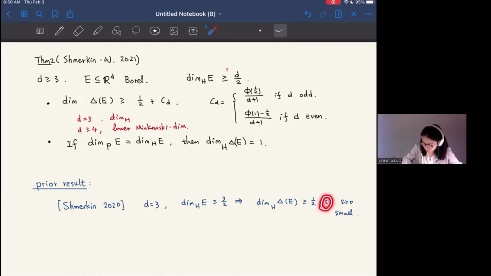Again, this epsilon is related to the epsilon that we have discussed so far. But here in dimension 3 we have an explicit gain. So those are the two results that we are going to talk about today. Are there any questions about the statement?